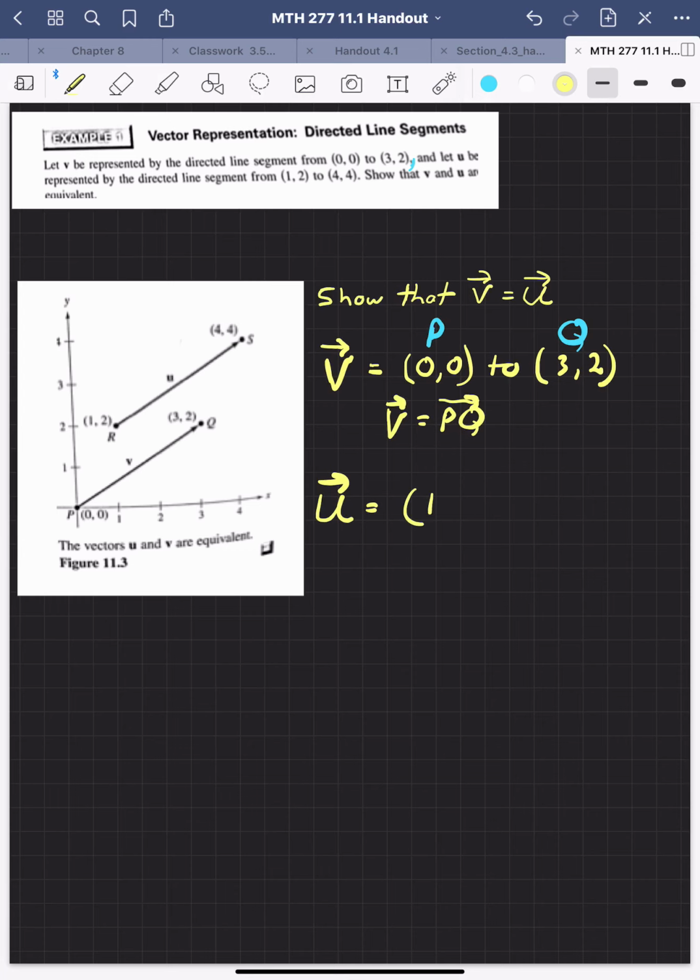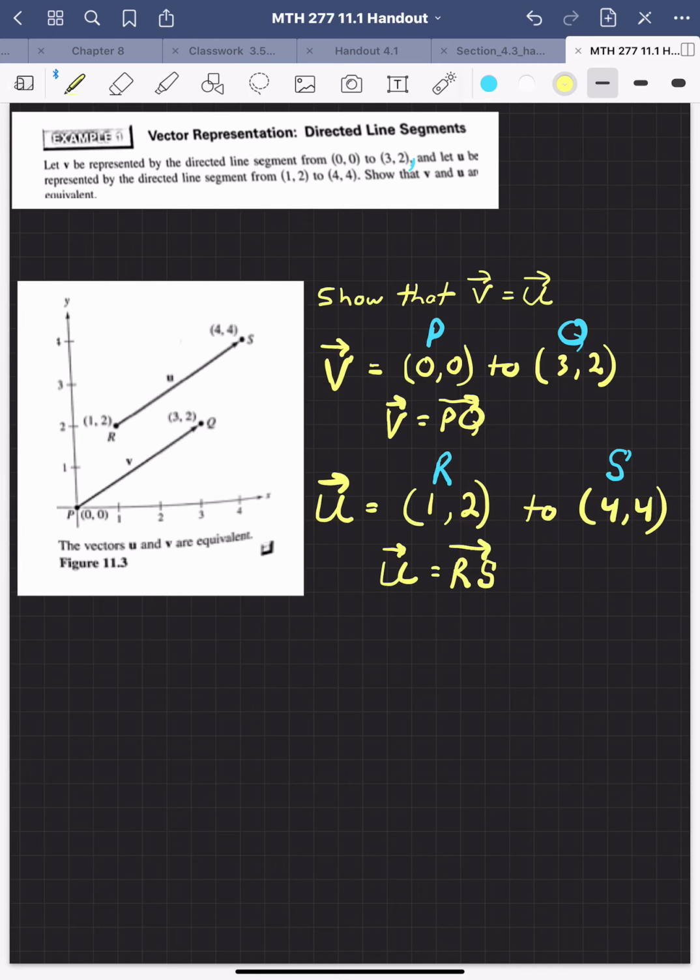So we're going from the point 1, 2, and we're proceeding to the point 4, 4. Now I will just use two other letters. We'll label the initial point for U R, and the terminal point S. So the statement being made here is that U is represented by the directed line segment R to S.